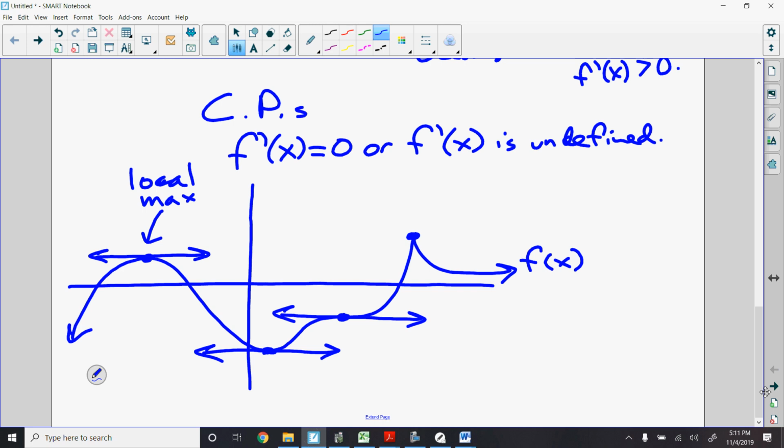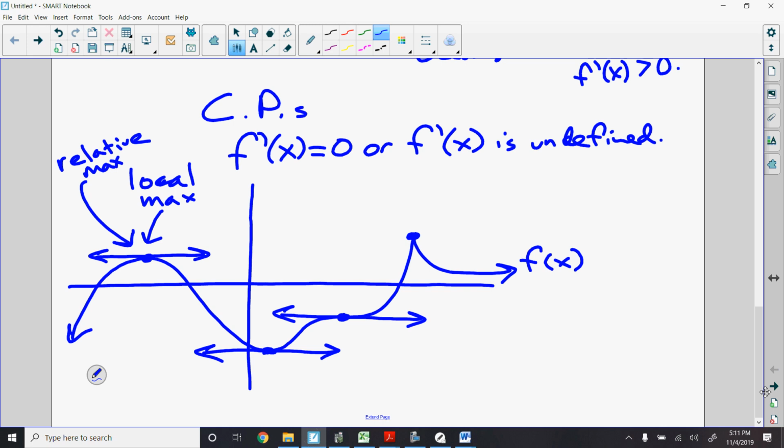It doesn't necessarily have to be the highest point on the entire graph, but in its little region there, it's like the top of a hill. It's also called a relative max. The test uses both terms. Just be comfortable with those being synonyms. I probably use the word local more often than relative, but I'll try and mix it up and use both.